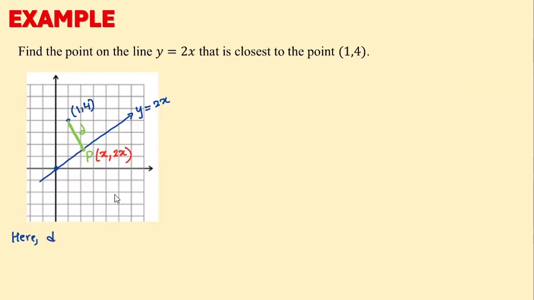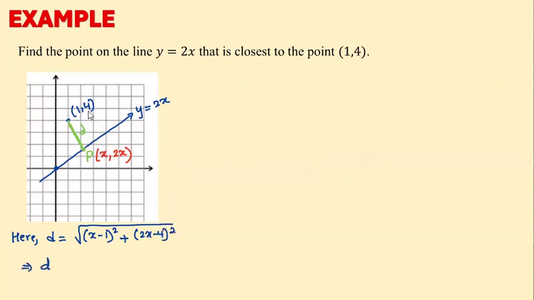Here, distance is equal to, we use the distance formula, which is the square root of the difference in the x coordinate, x minus 1 quantity squared, plus the difference in the y coordinate squared, 2x minus 4 quantity squared.